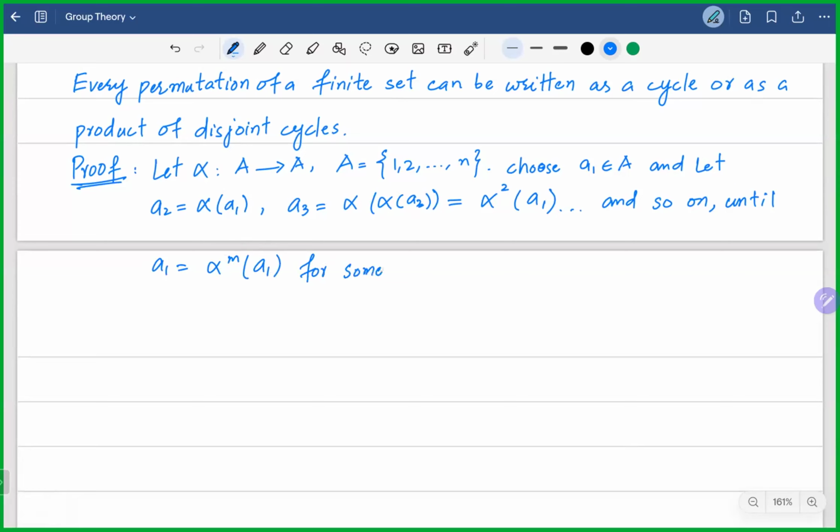Now we know that such an m exists because the sequence A1, alpha of A1, alpha square of A1 must be finite.